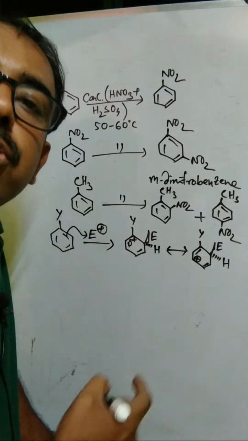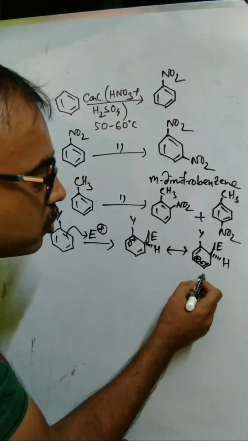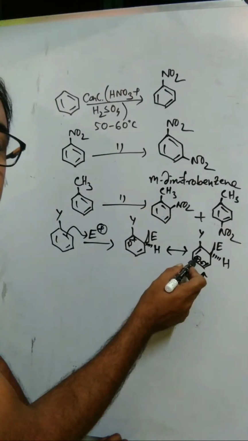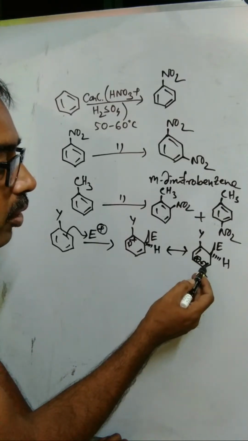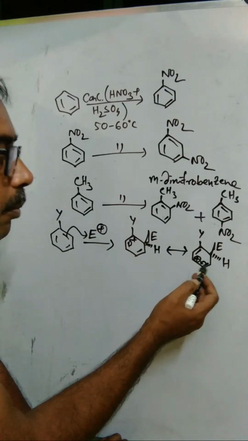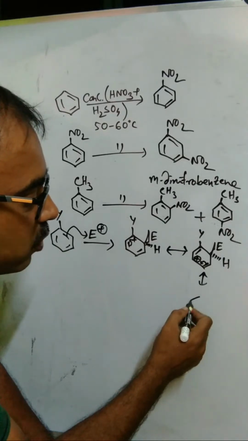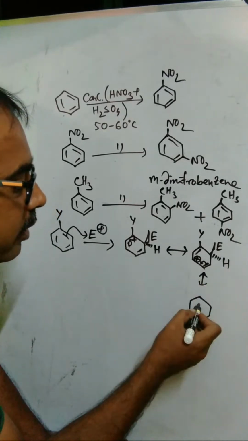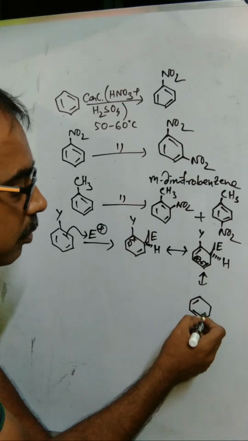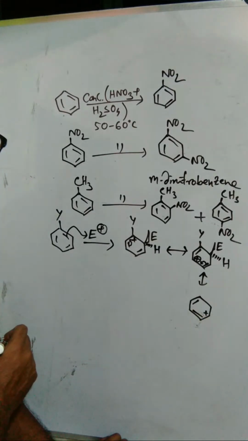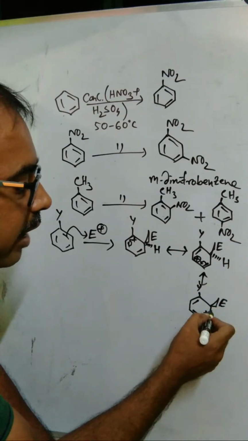Then what will be the next resonating structure? This pi bond will come here to neutralize the positive charge of this carbon, but since the bond is broken from this carbon, the positive charge will shift from here to this carbon. So in the next resonating structure this pi bond remains intact, the pi bond comes here, the bond is broken from this carbon, so the positive charge will be on that carbon atom, with the substituent Y present, the electrophile above the plane, and the hydrogen below the plane.